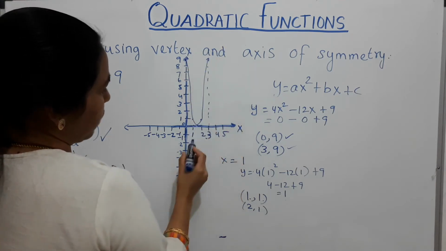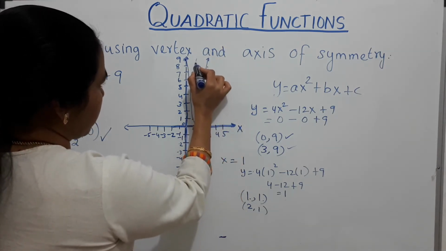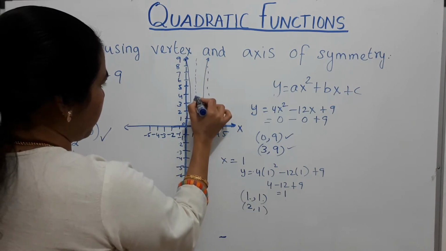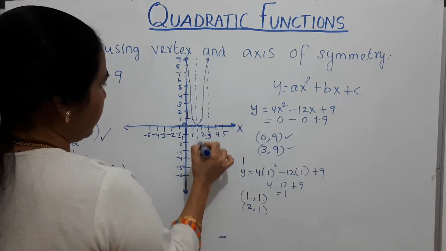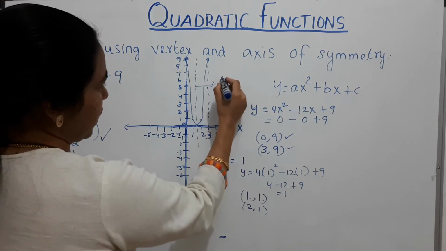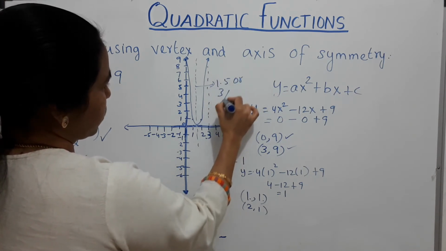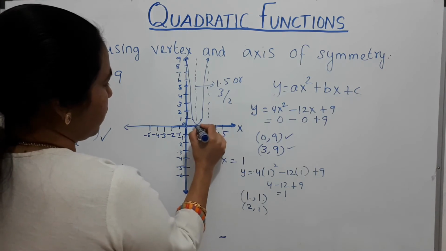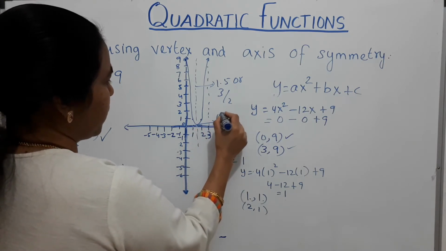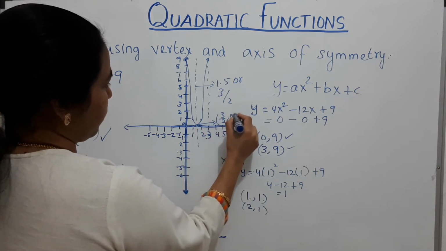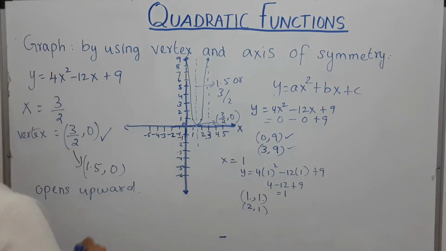Okay, so this is the parabola, and the axis of symmetry is actually 1.5, which is equal to 3 over 2. So the axis of symmetry you can say is 1.5 or 3 over 2. This is the vertex, and it will be 3 over 2 and 0. This is how you can graph the quadratic function by using vertex and axis of symmetry.